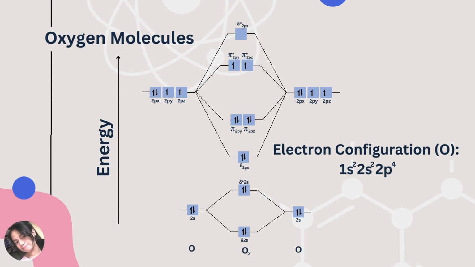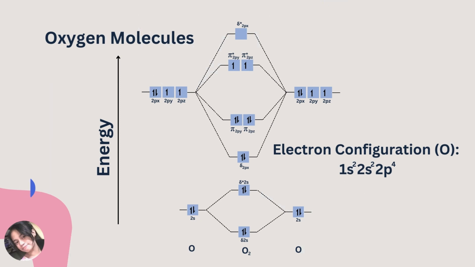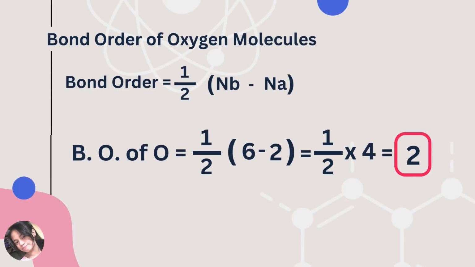And according to Hund's rule, the last two electrons that enter those orbitals have a parallel spin, and it also ignores the sigma 1s and the sigma 2s orbitals because their net effects on the bonding is zero. Thus, we calculate the bond order and it results to a bond order of 2. Therefore, the O2 molecule is paramagnetic and a stable molecule.